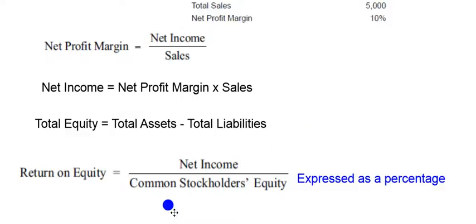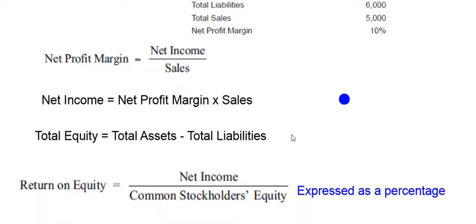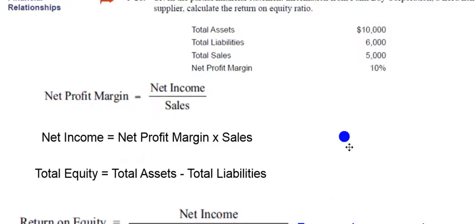Now, in order to find the common stockholders' equity, because that's not here either, right? But we do know that total equity equals total assets minus total liabilities. So we have our total assets right here and our total liabilities right here.